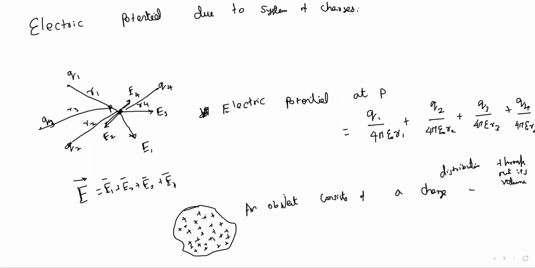Now what we have to take care of is at how much density these charges are distributed. So let me take the charge density as rho.